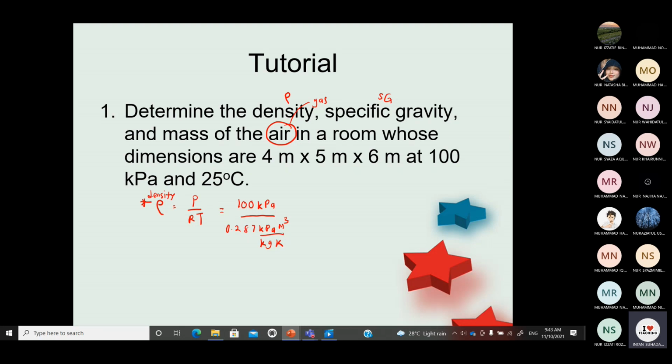So we choose the gas constant with unit kilopascal. Our T is 25 degrees C.